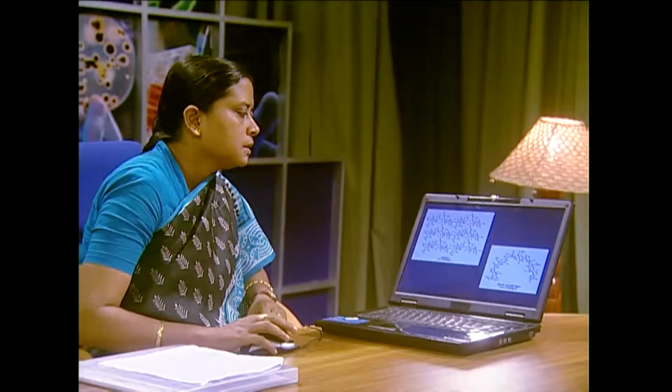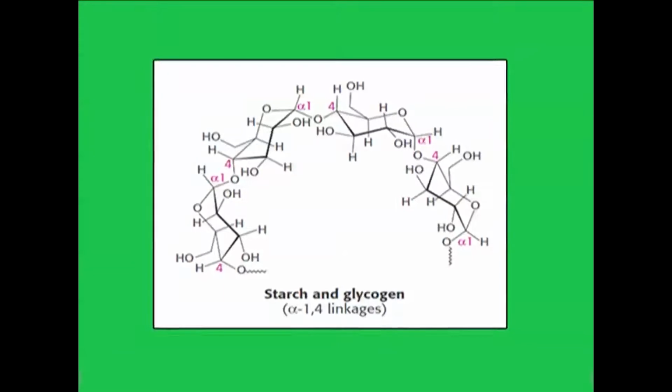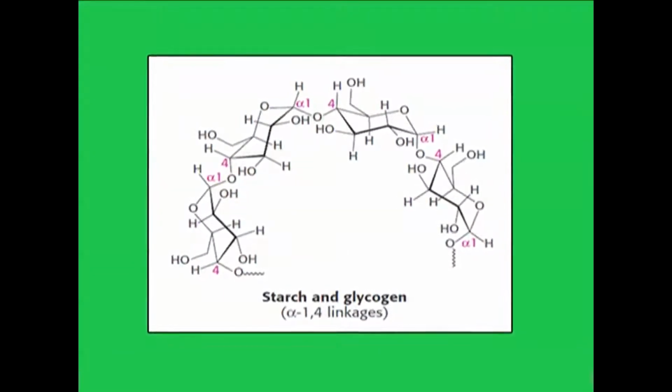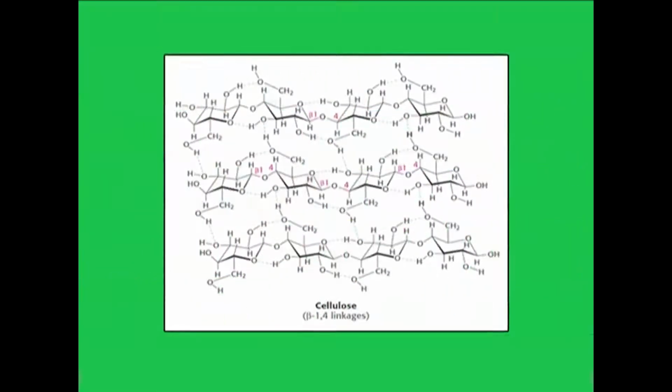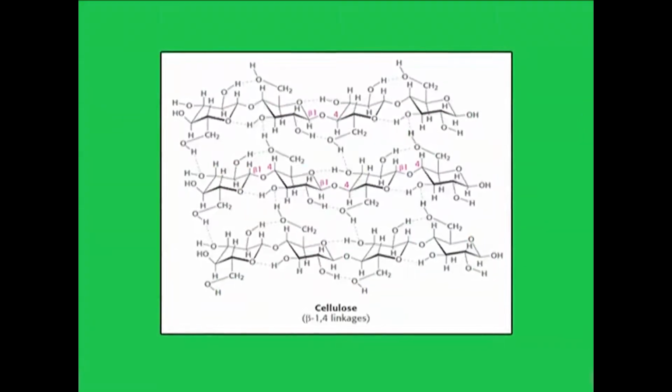Then inulin. Inulin is a storage polysaccharide found in sweet potatoes, and the monosaccharide unit is fructose. The structural difference has been shown over here between starch, glycogen and cellulose. Cellulose is shown as chains.